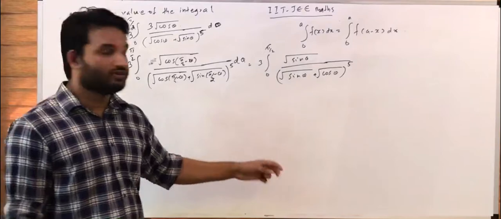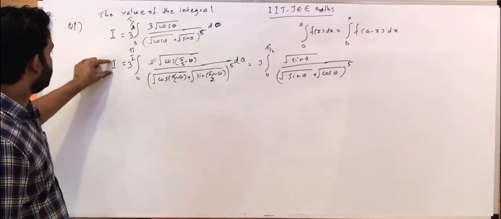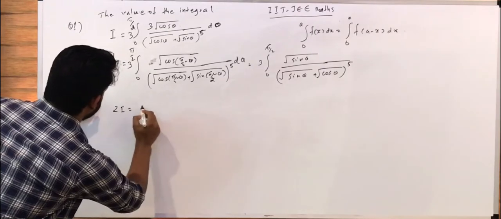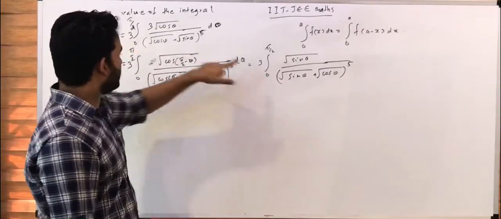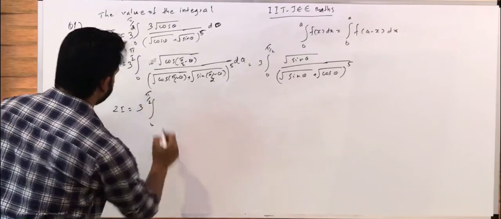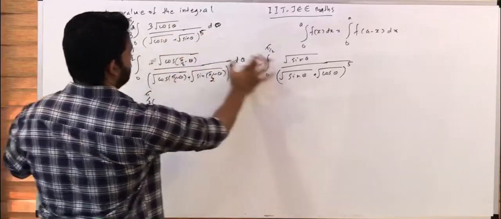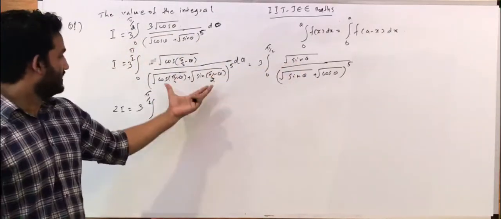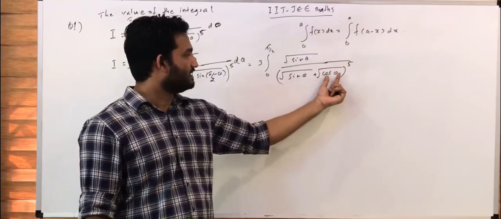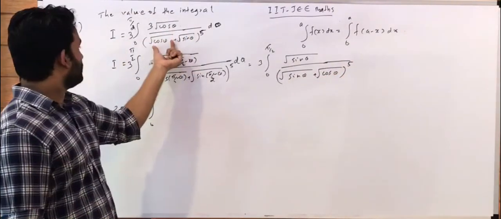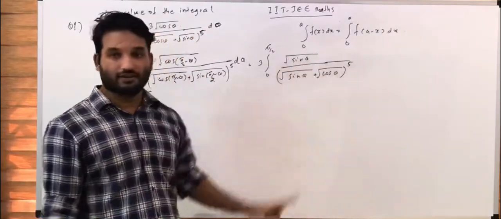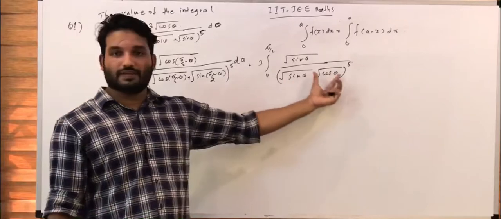Now I am going to add these two integrals. So that will become 2I is equal to, this 3 we can take outside as a constant, integral 0 to pi by 2, because the denominators are the same, root cos theta plus root sin theta all raised to 5, we just add the numerators and keep the denominator the same.